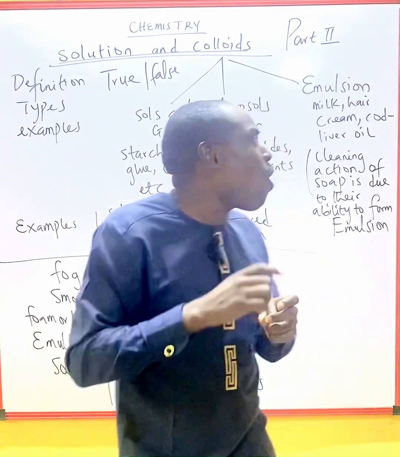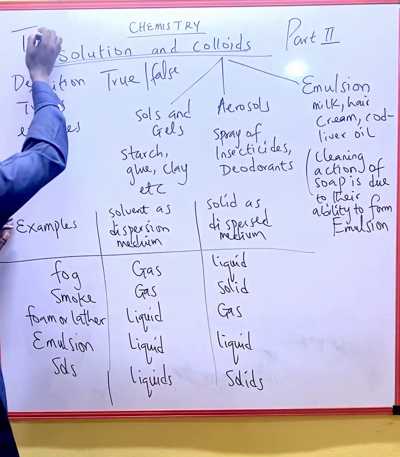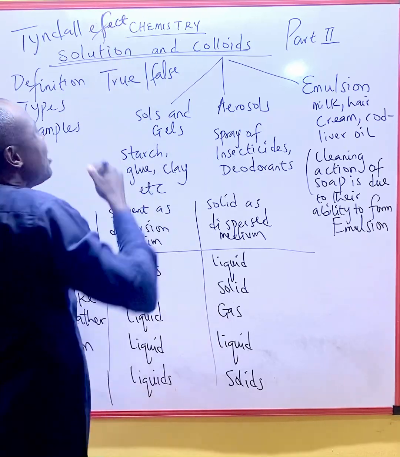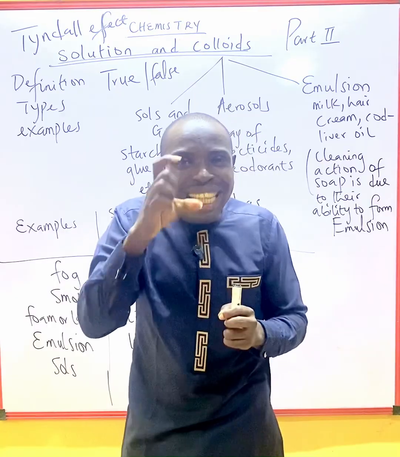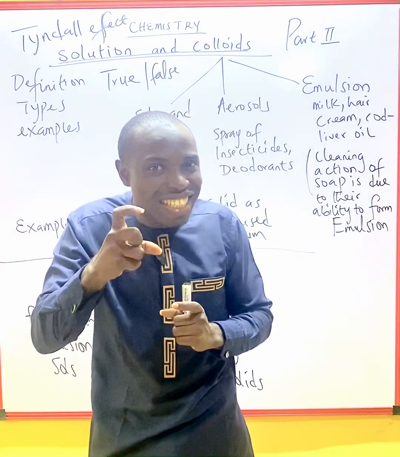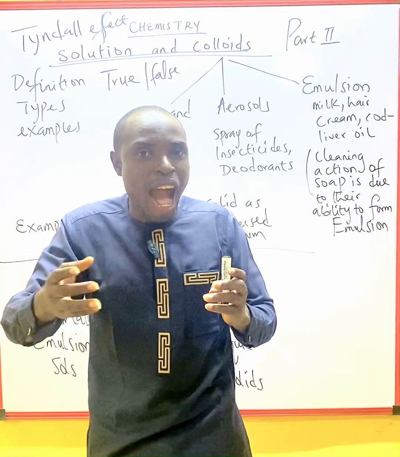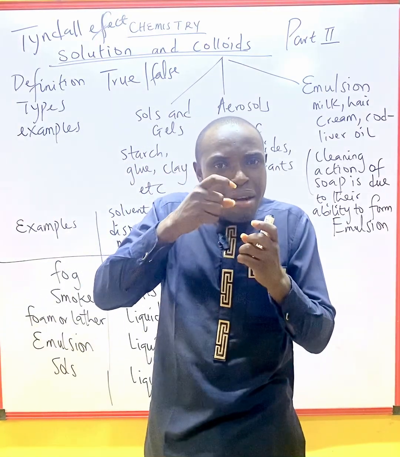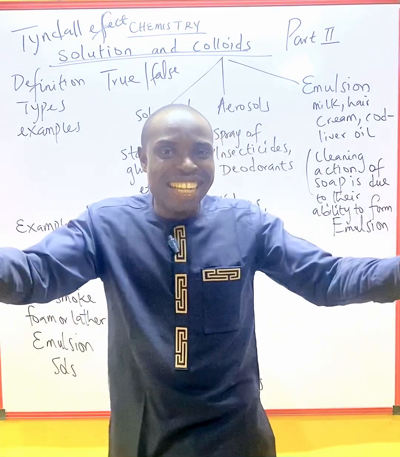There is what we call in chemistry, permit me to write it here, the Tyndall effect. The Tyndall effect simply means the ability of a substance to scatter light rays. And for you to be able to scatter light rays, there must be a particle that can help in scattering these light rays.